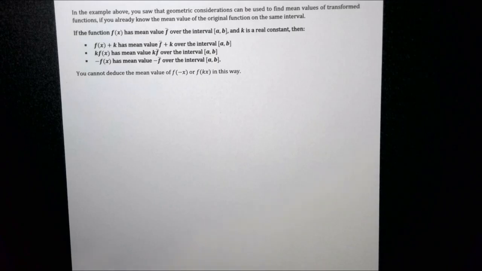So if the function f of x has mean value f bar over the interval a to b and k is a real constant, then f of x plus k has mean value f bar plus k over the interval a to b. k lots of f of x has mean value k times f bar over the interval a to b, and minus f of x has mean value of minus f bar over the interval a to b. And you cannot deduce the mean value of f of minus x or f of kx in this way. And that's because we're dealing with values in the x direction.